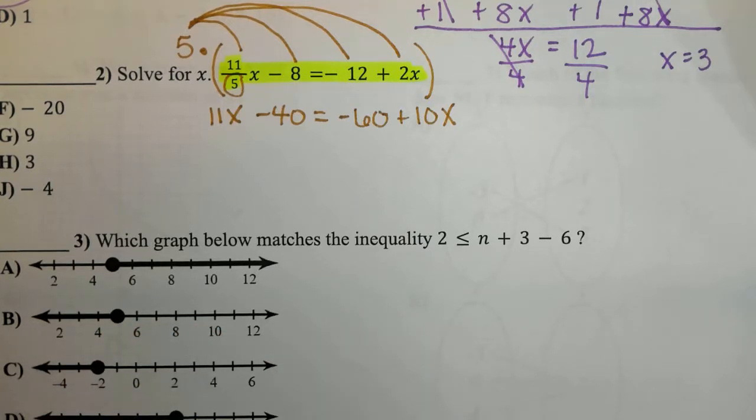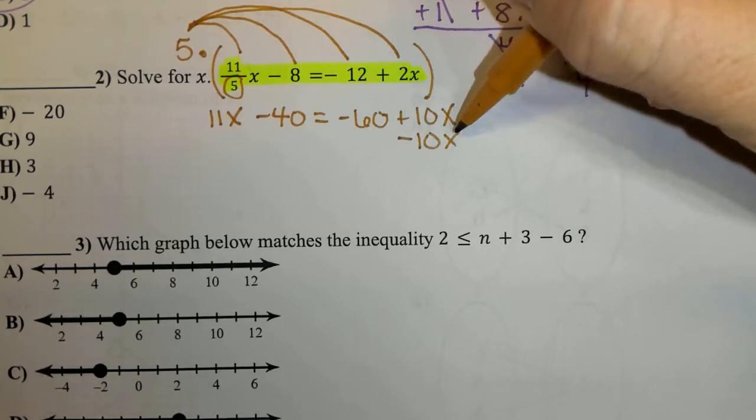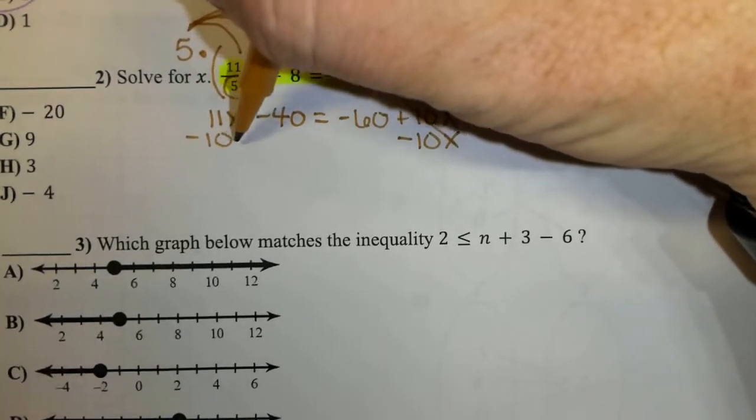So look, now we don't have any fractions. It's all whole numbers, so it's a lot easier, less to worry about. And now I get to do what I did on the last problem. I want to move my smallest x to the other side and move my numbers the opposite way. So between 11 and 10, 10 is smaller. So I'm going to do minus 10x, minus 10x.